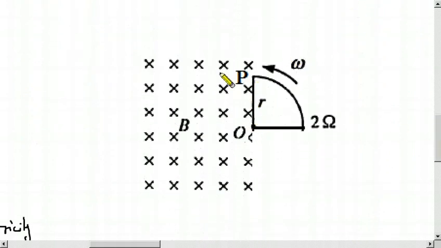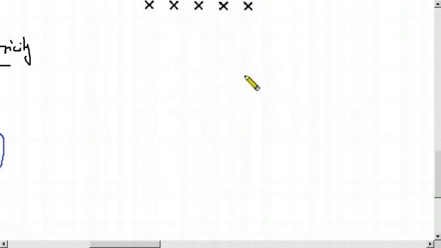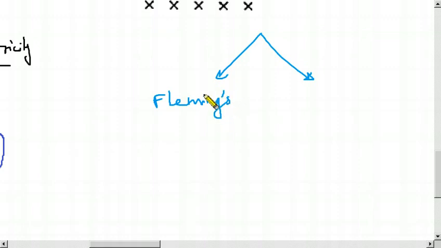So we can use two methods. One is called Fleming's right hand rule. The other one is called Lenz's law.